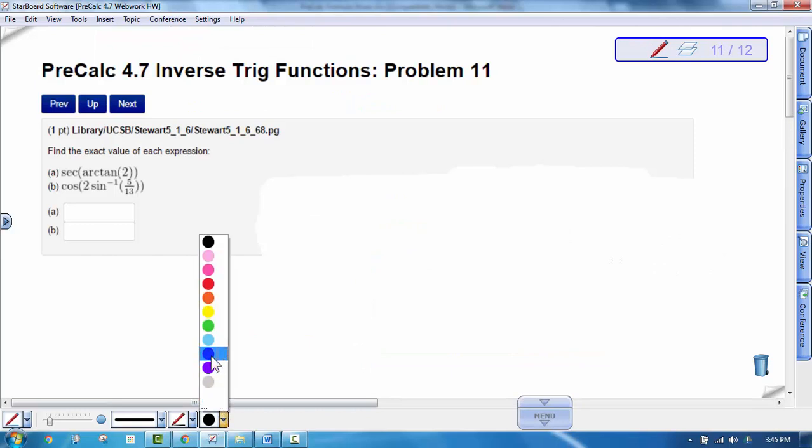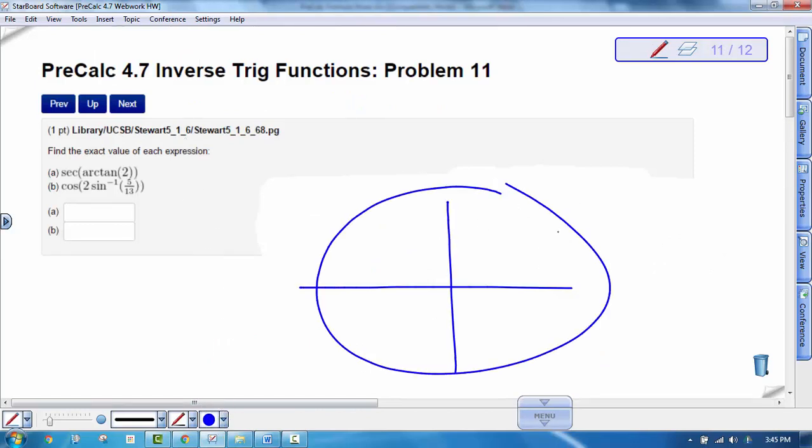Okay, the next problem, it wants me to find exact values. So I'm not going to pull out my calculator because that won't help me here. I'm going to instead graph. This means that I want the secant of this angle in here, first of all. That angle in there is really the tangent of some angle equals 2. So I don't know where that angle is, but I know the tangent is 2.